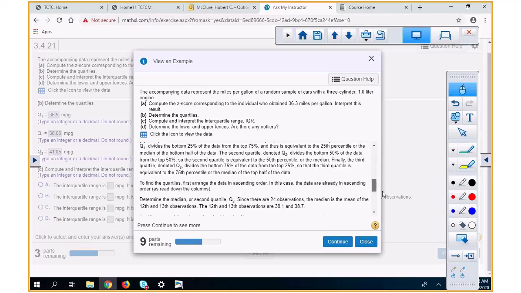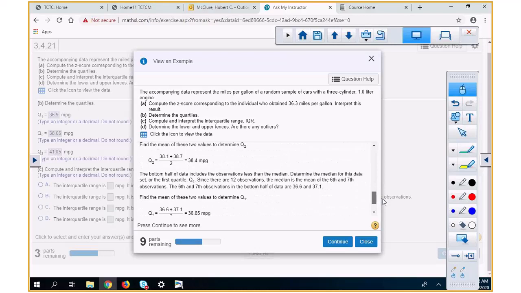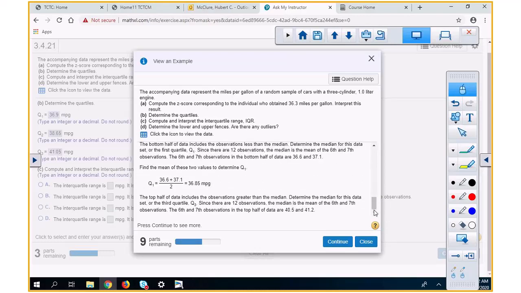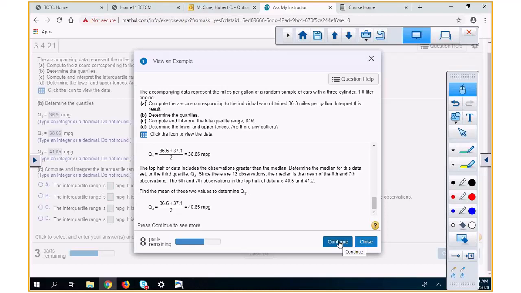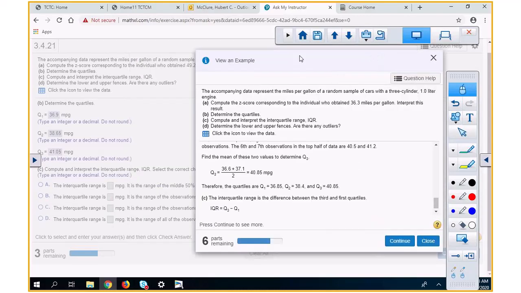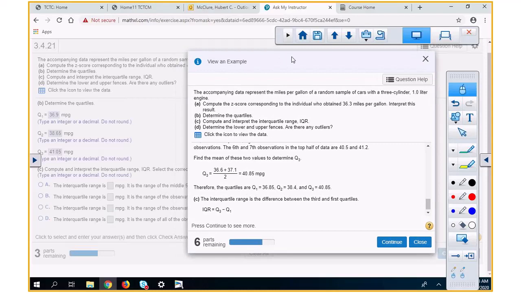Which one are we on? C? Yes. You're still on B. I don't know where all that comes from. Press Continue. Oh my gosh. It should, there we go. Thank you. Q3 minus Q1. How much is this used? It's supposed to tell you where your outliers are.